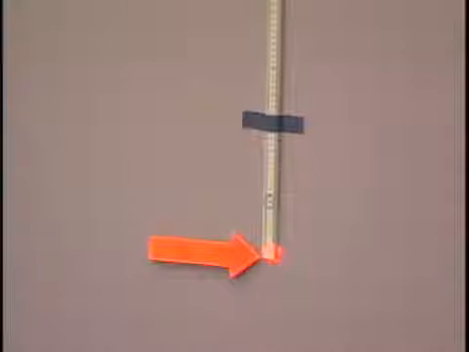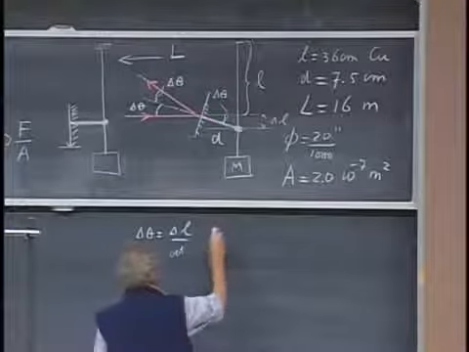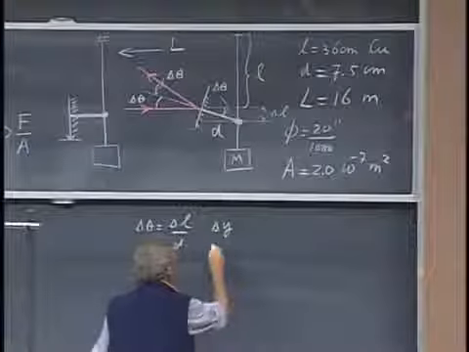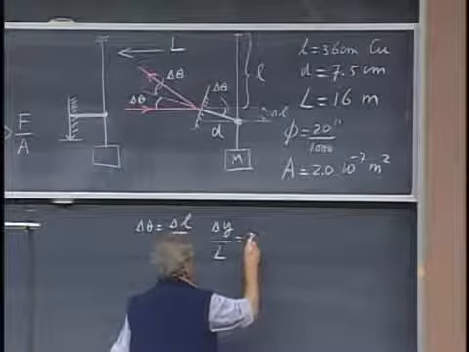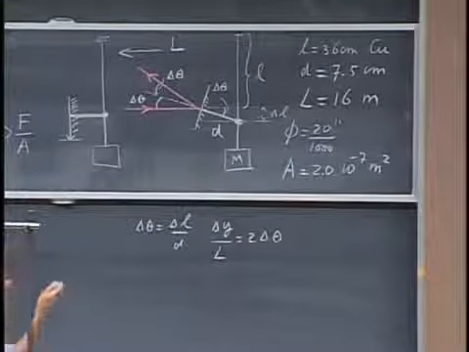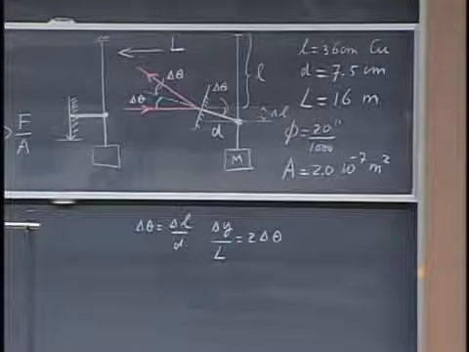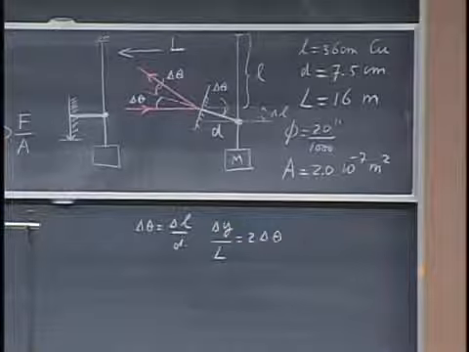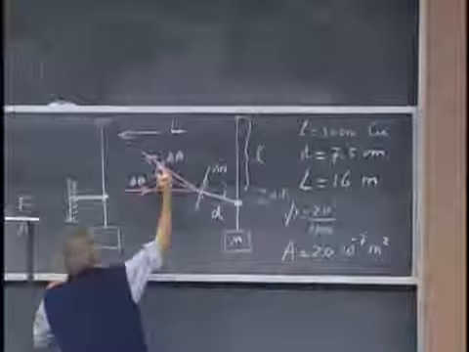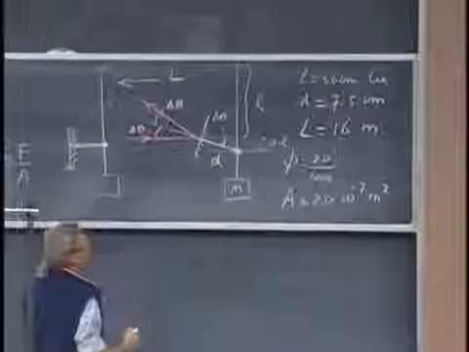The light that returns hits the wall there at a distance capital L. So the displacement at the wall, which I call delta y, divided by L, will be 2 delta theta. This is a small angle approximation, but it's a very good approximation, and theta is in radians. It is 2 delta theta because you see here that the change is over an angle 2 delta theta.